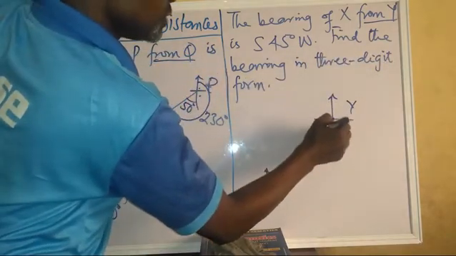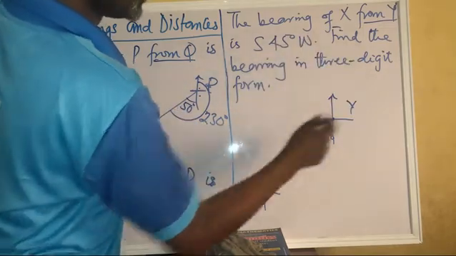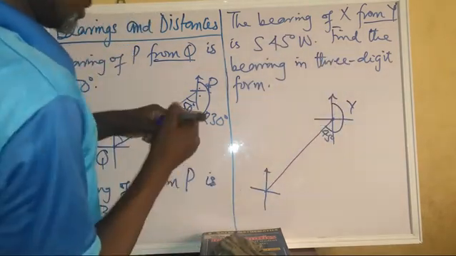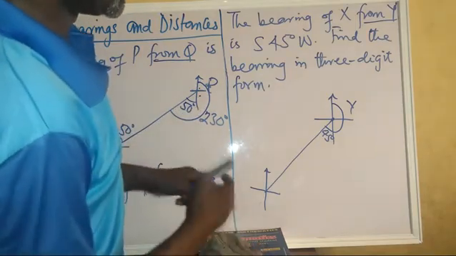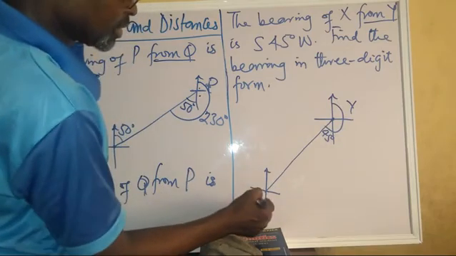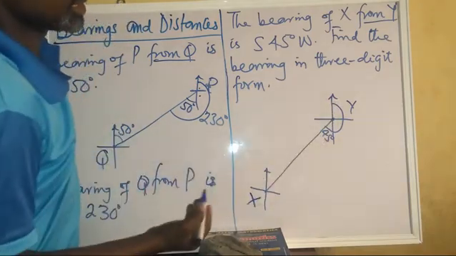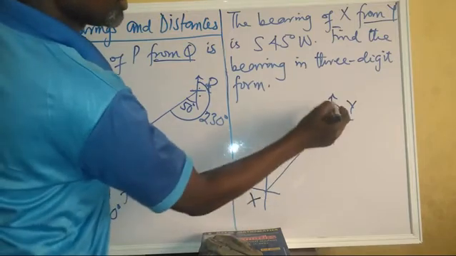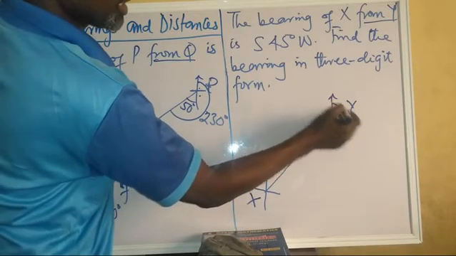Find this bearing you have here, south 45 degrees west, in 3 digits. What you actually need is to calculate the angle from the North Pole to the line joining x and y. This is the line joining x and y. So for the bearing of x from y, we start from the North Pole of y and go to this line.